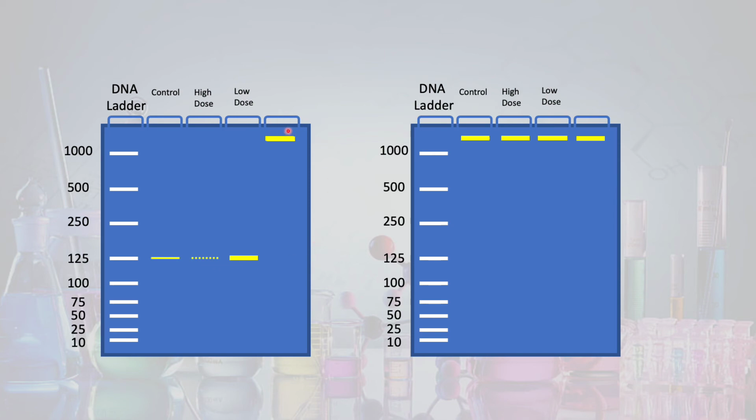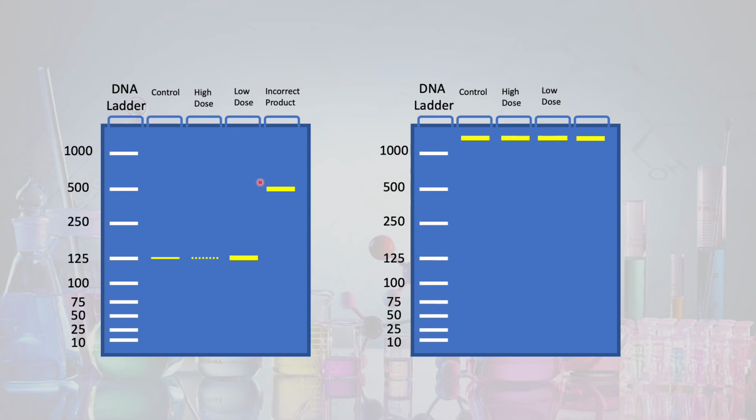So in our last group here, this is going to emphasize why we run a ladder of known lengths of DNA chunks on the side of our gels. So if we ran a sample that produced a band way up here by 500, we should know, based on the primer sequences that we generated, that those primer sequences will produce a product that's supposed to be 125 base pairs long.